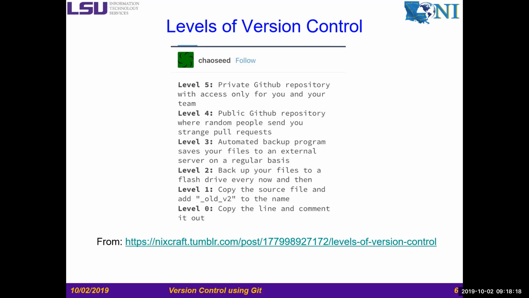Now the fourth and the fifth level is something I want you to achieve at the end of today's training. I hope you can know how to use a public Git repository and a private repository. It's very easy to use.